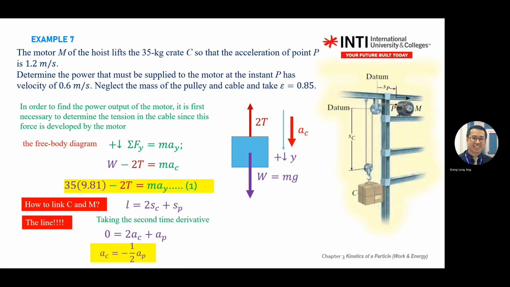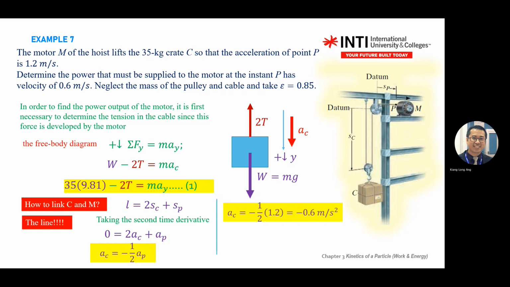What does it mean? AC equal to minus half AP means that when C goes down, AP goes to the left, because you get negative, and the datum for P is positive to the right. So when C goes down, your P will move to the left, and it will also slow down. Acceleration here also means deceleration.